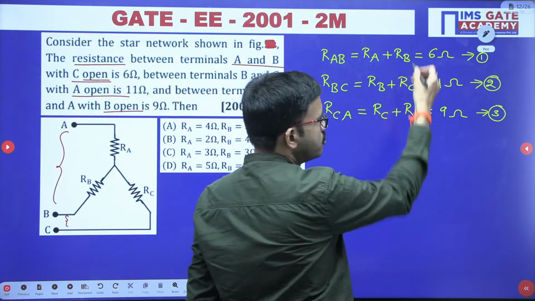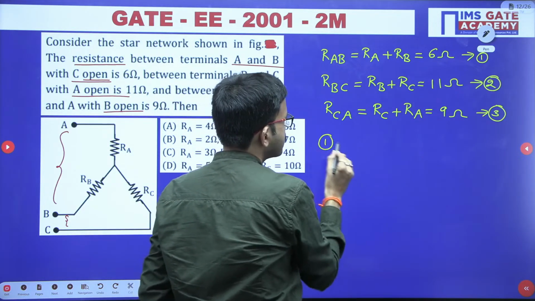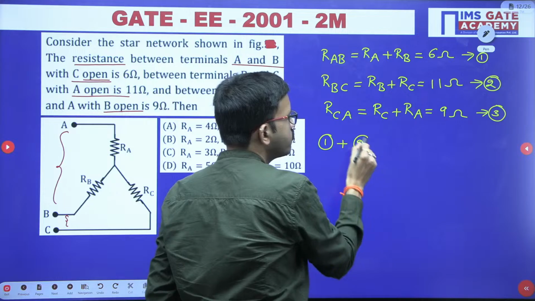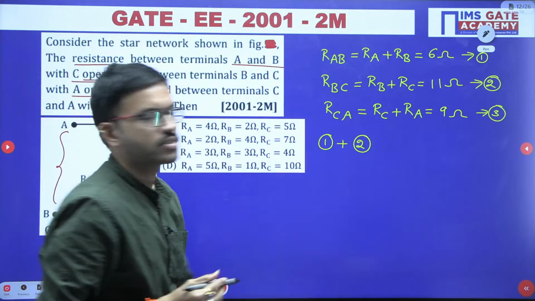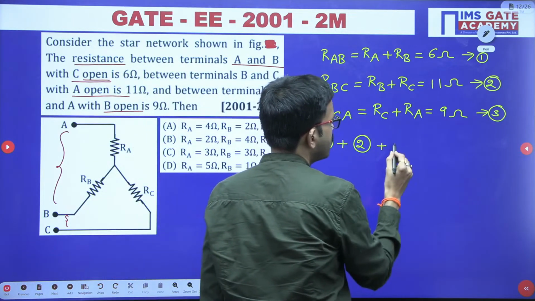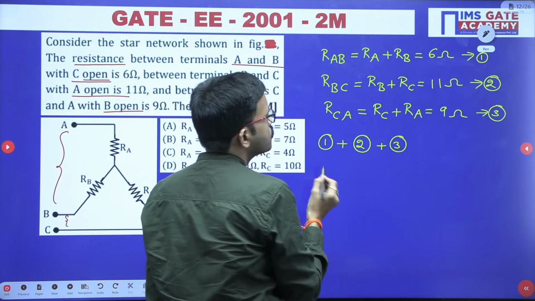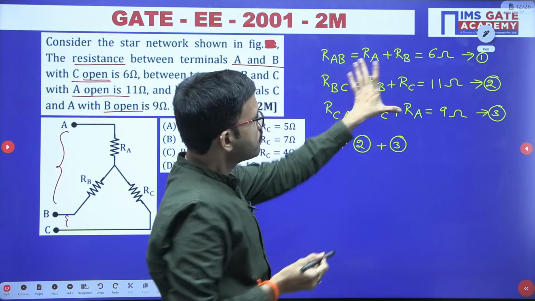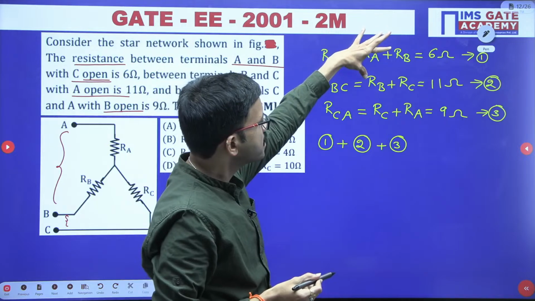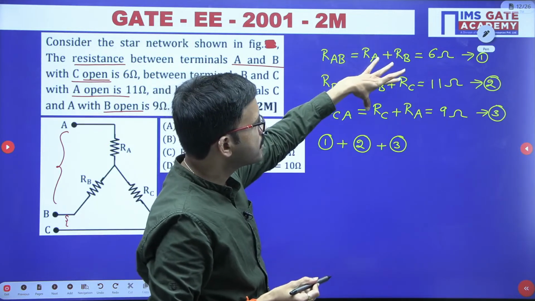What you can do, just add all the three. From there you will get one equation in terms of all the three unknowns. So just add all the three equations. So 2 times RA, similarly RB plus RB, 2 times RB, RC plus RC, 2 times RC.